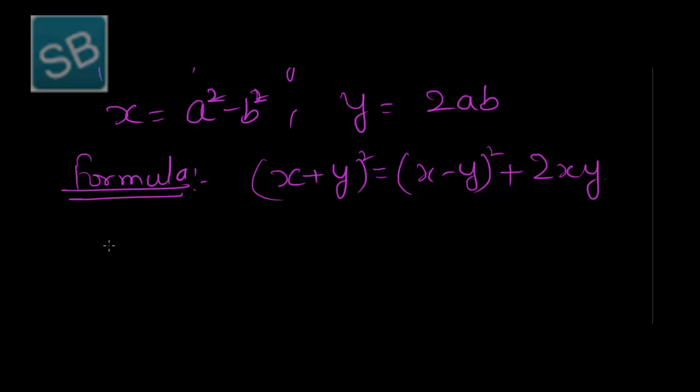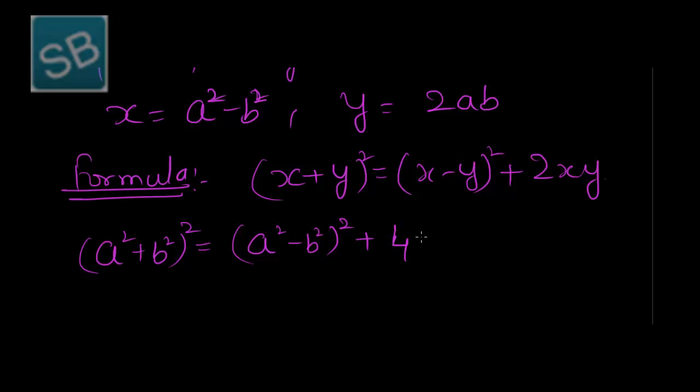So we get a square plus b square whole square is equal to a square minus b square whole square plus 4a square b square, that is 4xy, sorry, not 2xy, that is 4xy.